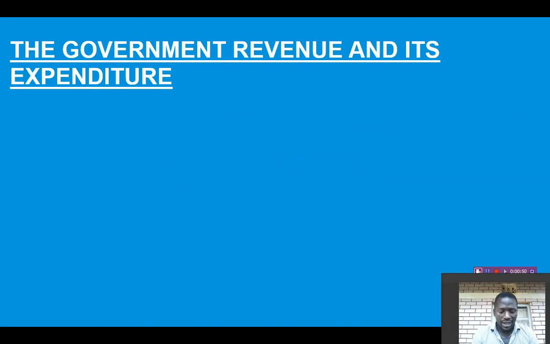In fact, how the government gets its revenue and how it spends the revenue that it gets.